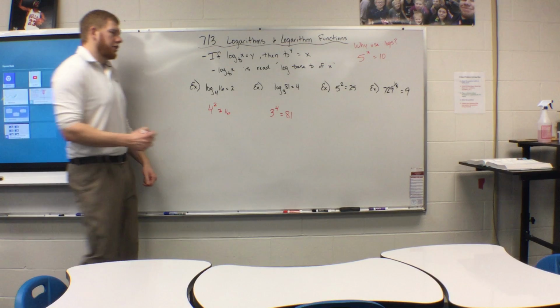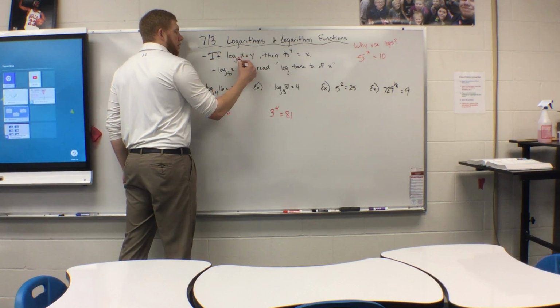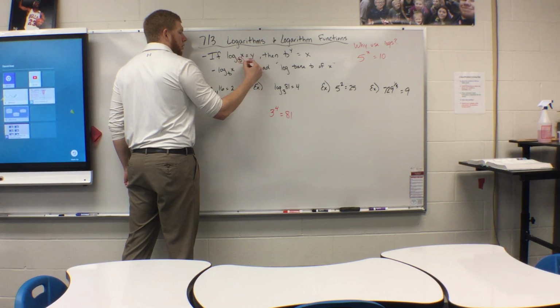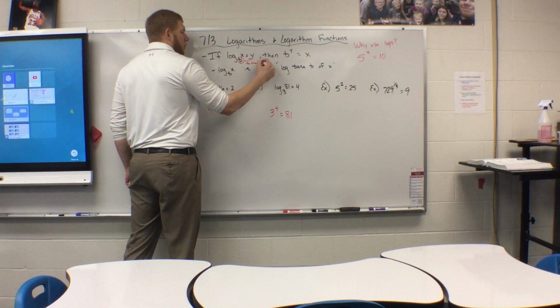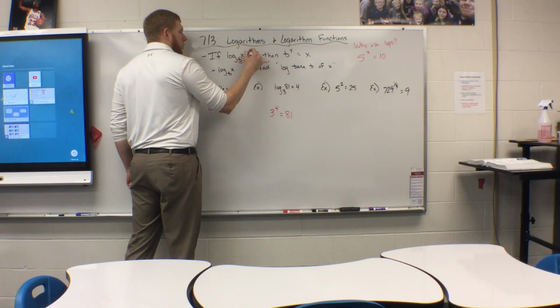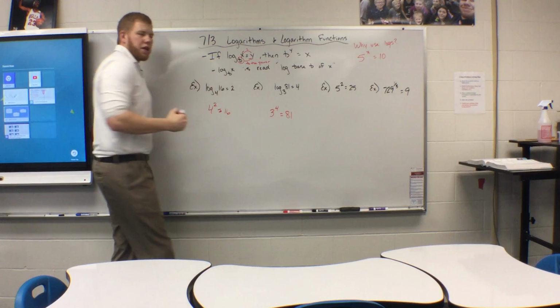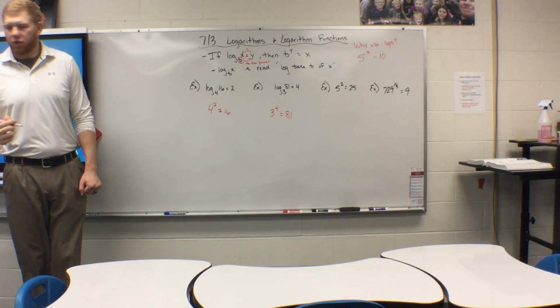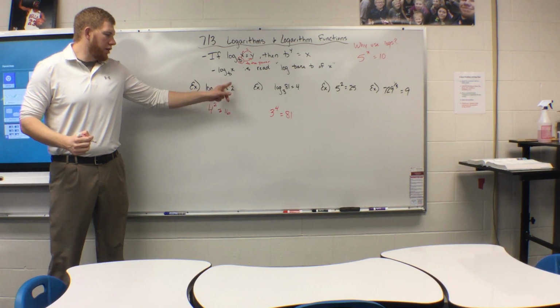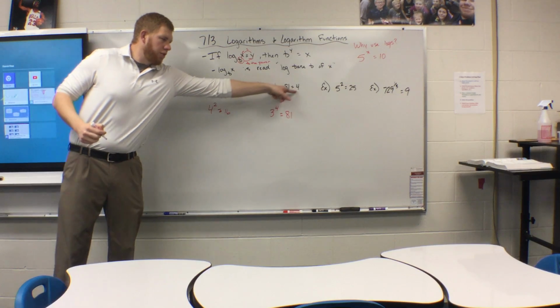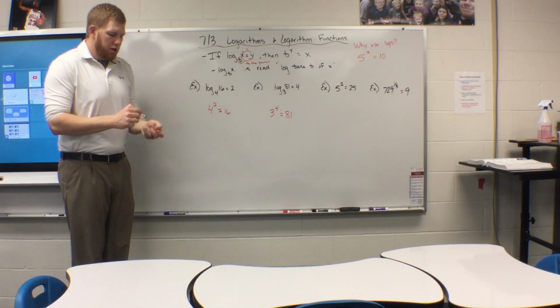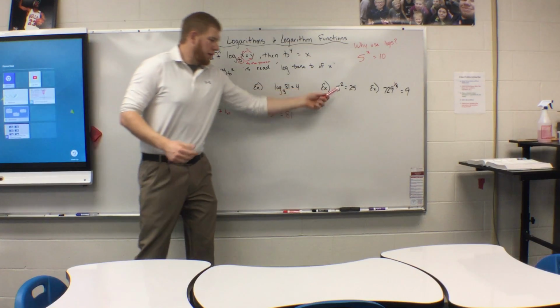So like I said, essentially what we're doing is we're drawing this pattern: base to the power equals x, right? So 4 squared equals 16. 3 to the 4th equals 81. So when we come over here, now we're going to do the opposite.